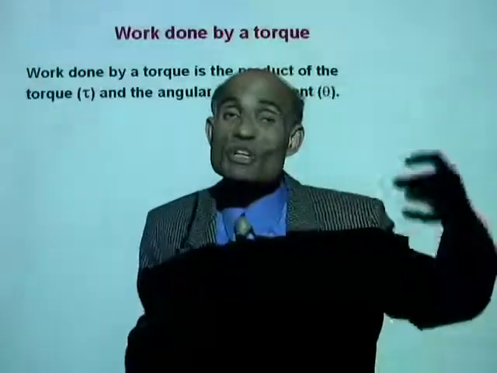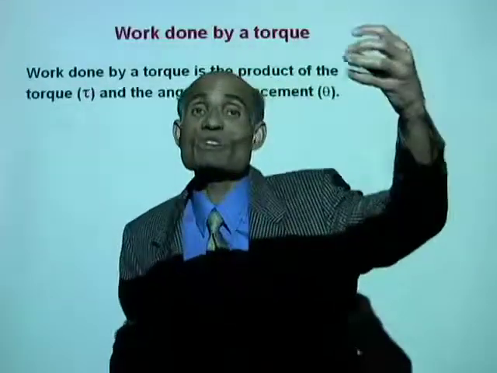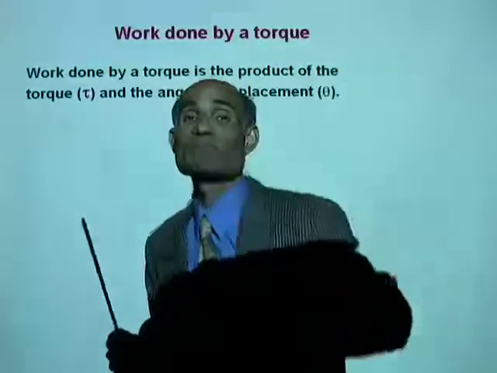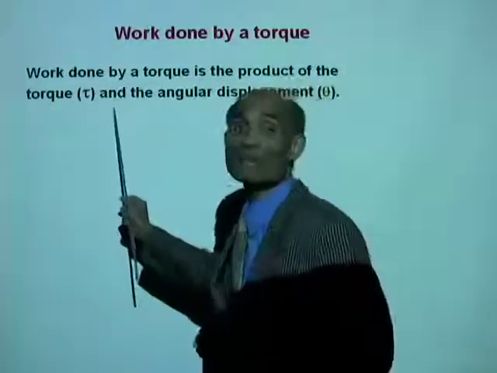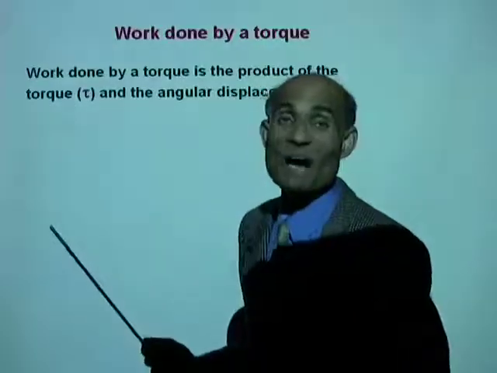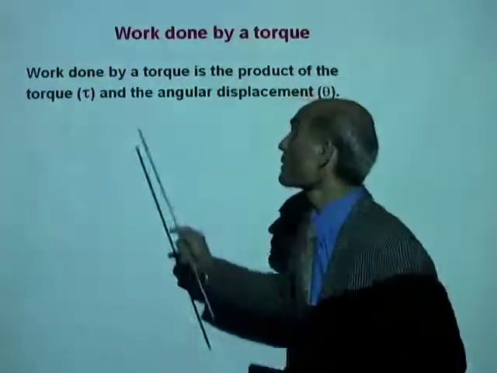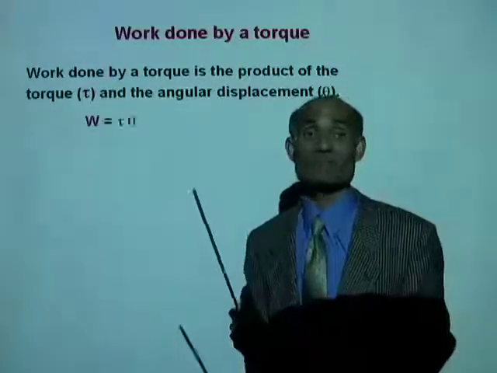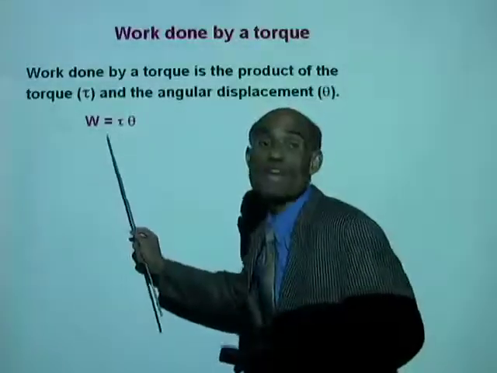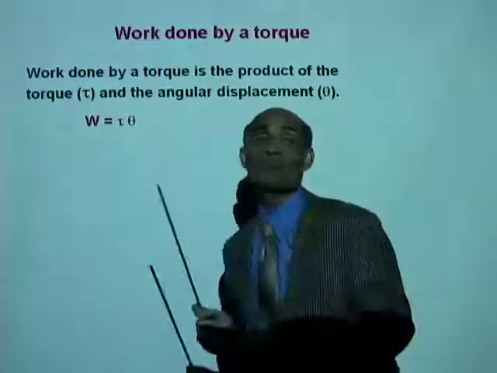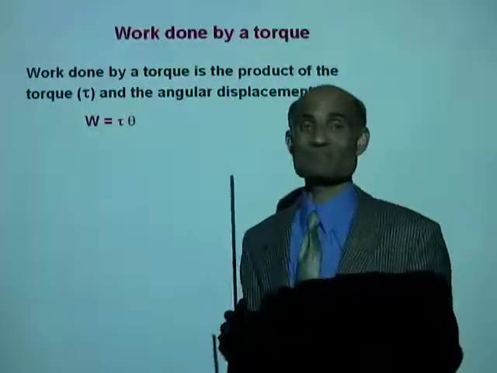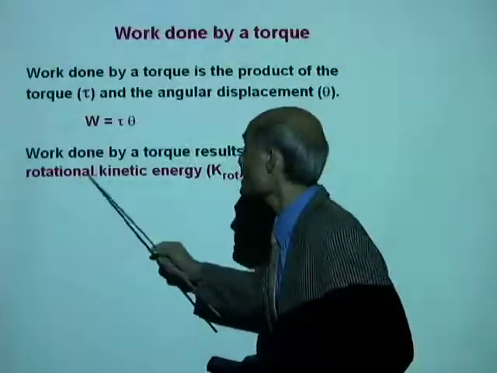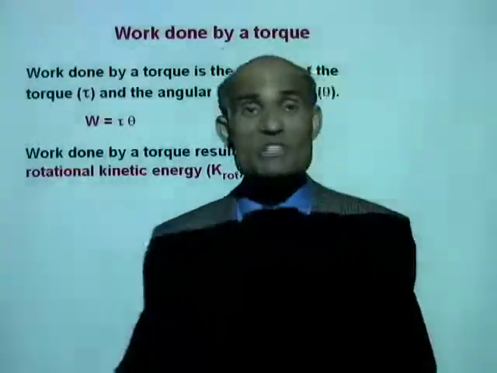In linear motion, the work done is the product of the linear force and the linear displacement. Similarly, in rotation, work done by a torque is the product of the torque and the angular displacement. So W rotational is tau multiplied by theta. Work done by a torque results in rotational kinetic energy.